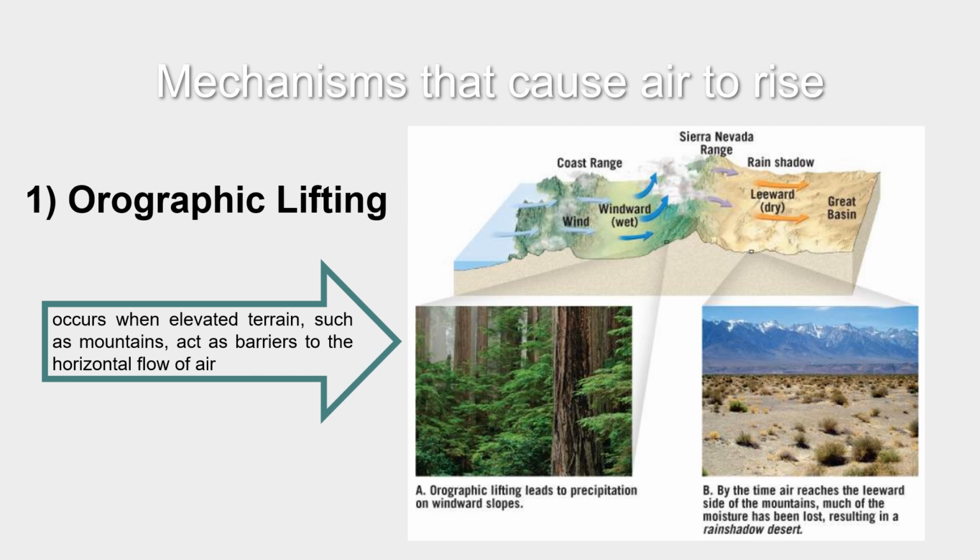It warms adiabatically, so there is still adiabatic warming, making condensation and precipitation even less possible. What you can see in the figure is the result, which is called the rain shadow desert.